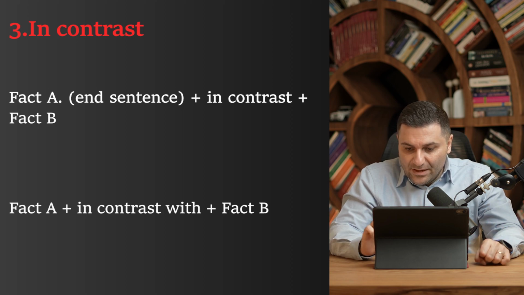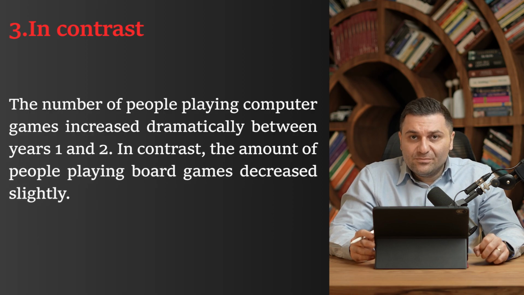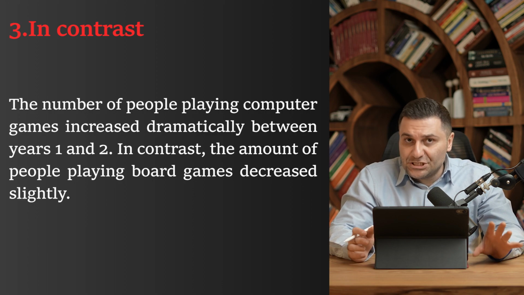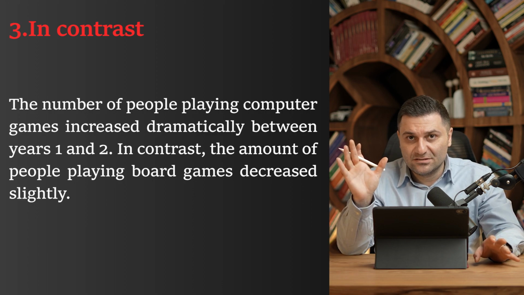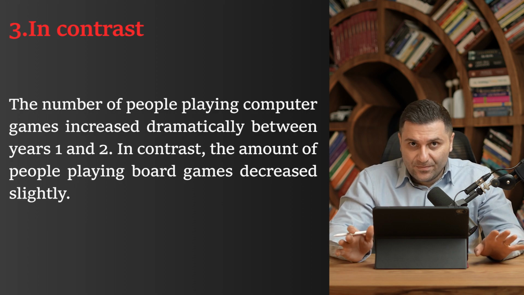All right. Now let's work on two examples. The number of people playing computer games increased dramatically between years 1 and 2. This is the end of a sentence. In contrast, the amount of people playing board games decreased slightly. This is our first structure.